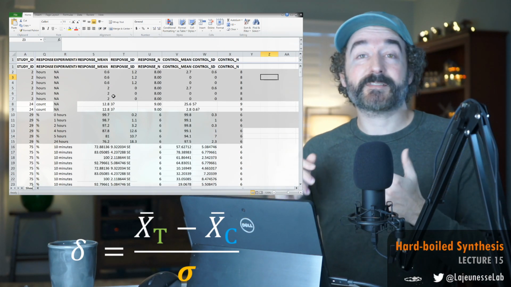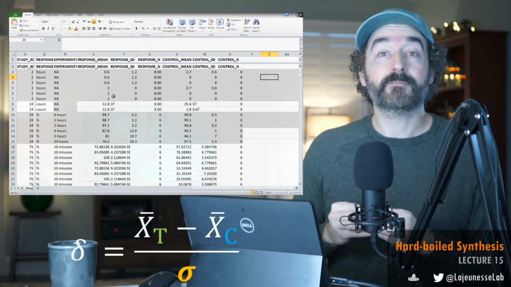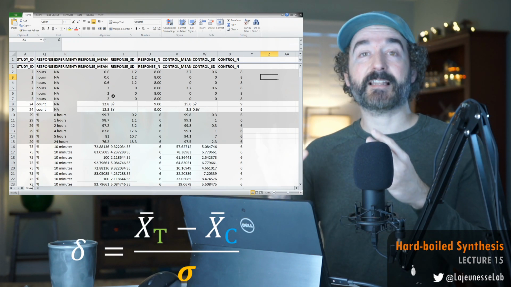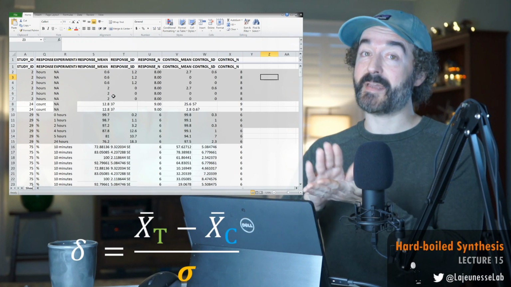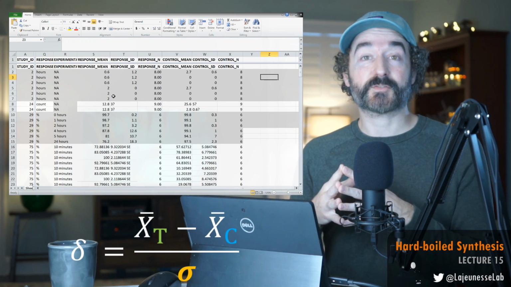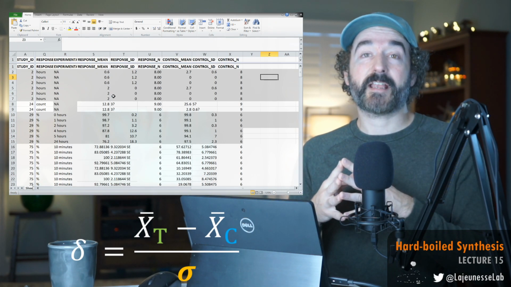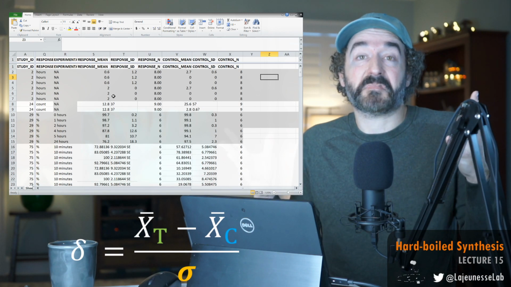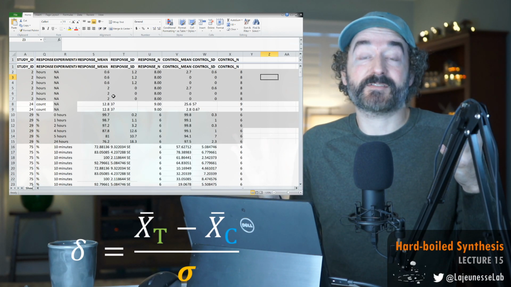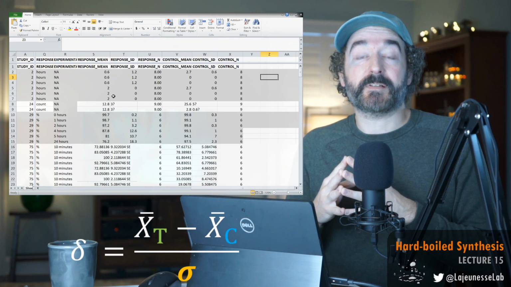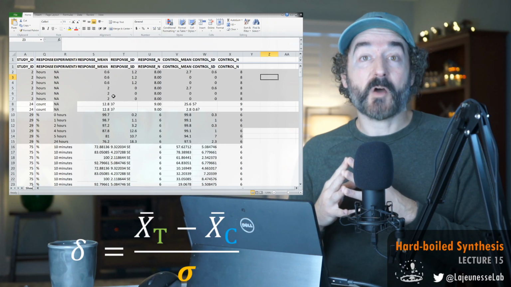In some disciplines, this would be known as Hedges' g, but I like to keep things close to the bedrock, to the source. Larry Hedges called it d, and that's what it's described as in his original publication in 1981.